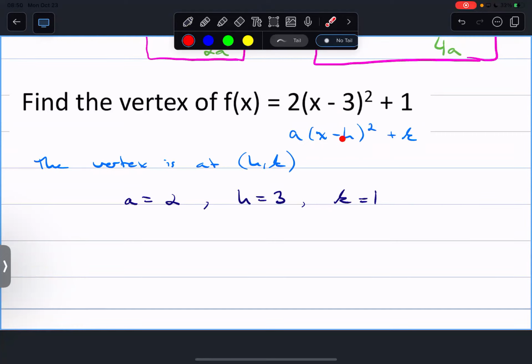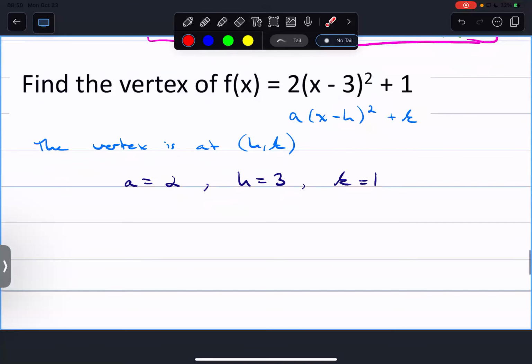So if it is positive, then the h is negative. Yeah. Then the vertex, just knowing h and k, is at h, k, which is at 3, 1.